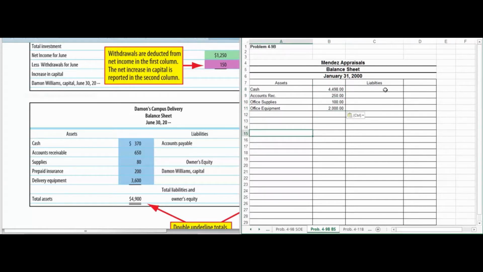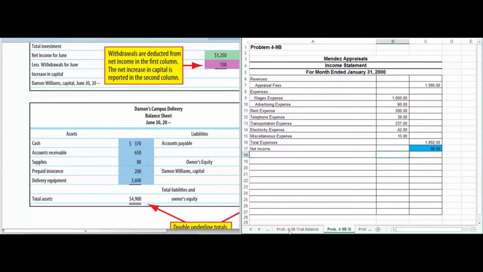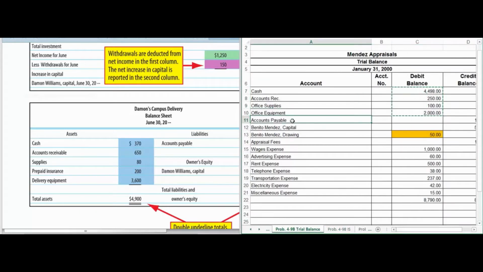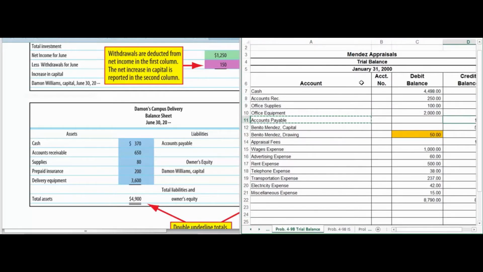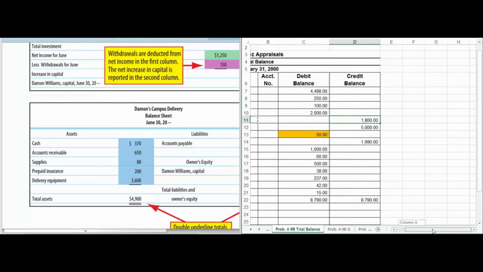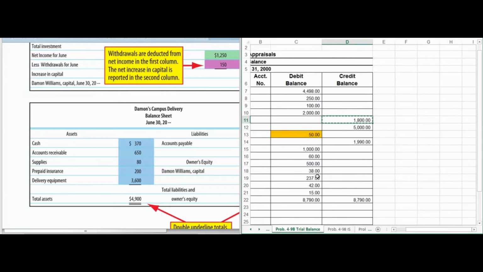Okay, now we're going to do our liabilities. The only liability we have on this problem is accounts payable. So I'm going to put that in. List the amount listed on the trial balance, and that is $1,800.